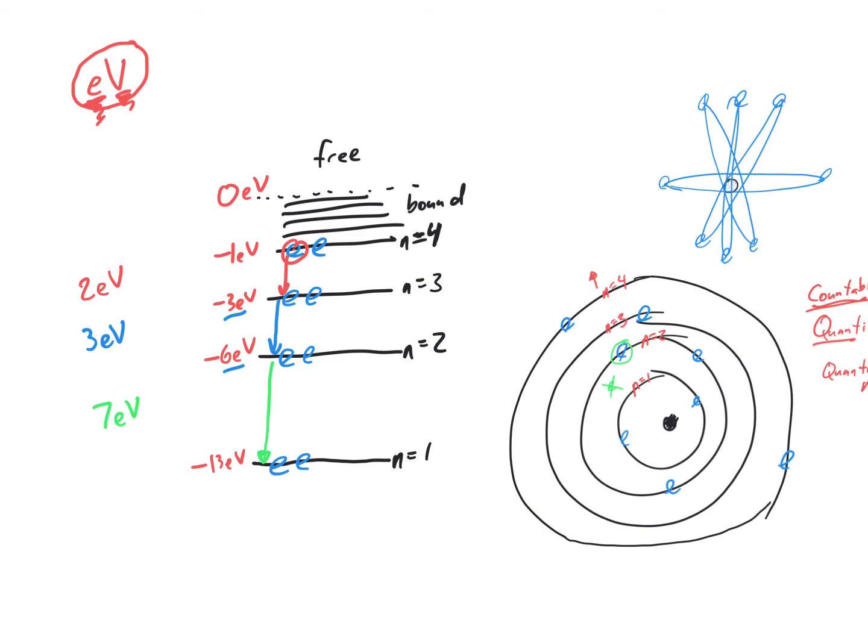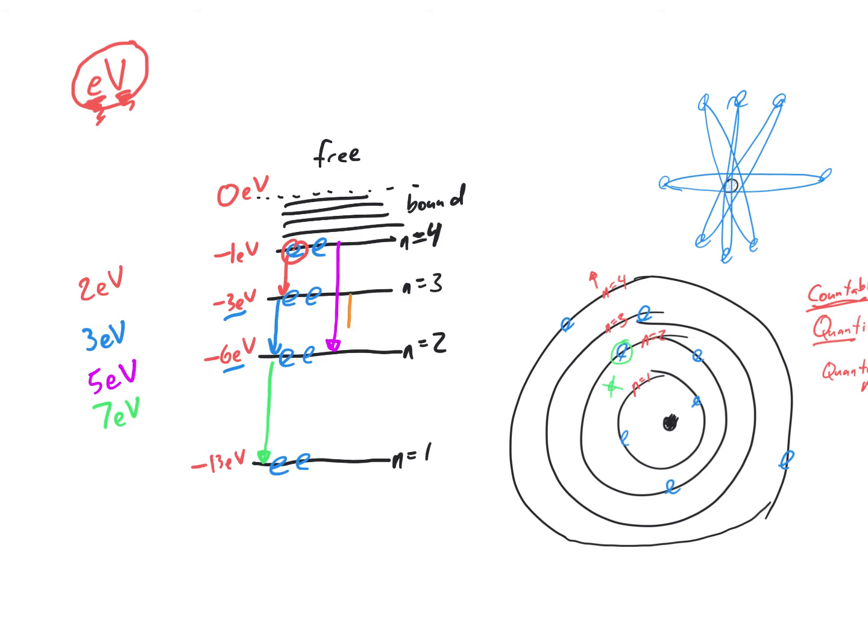What if it dropped 2 levels at a time? Such as from 4 to 2. The 4 to 2, that'd be a drop from negative 1 eV to negative 6 eV. That'd be a 5 eV bit of light. And we have just a few more drops we can do.